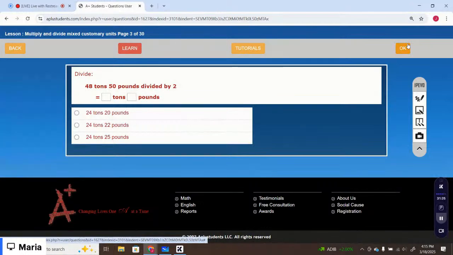48 tons 50 pounds divided by 2. So which is the correct option?